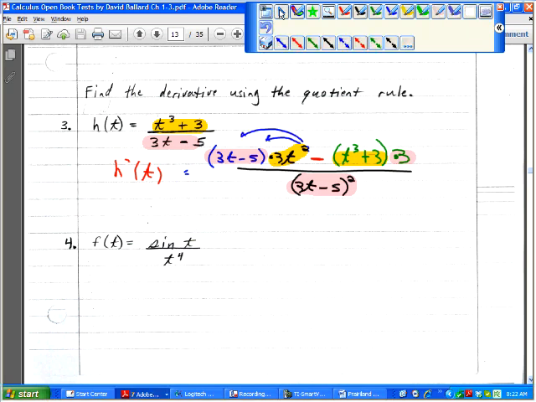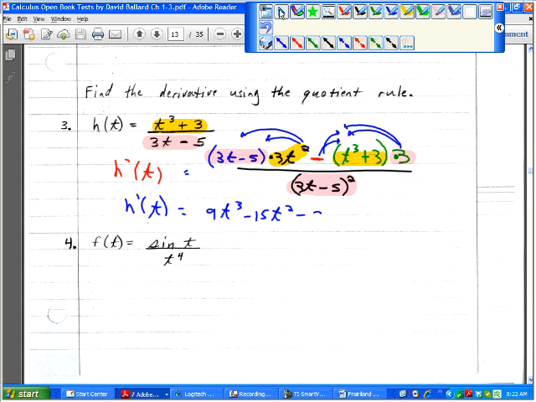We can distribute here, and we can distribute here in the numerator. And so we'll have h prime of t is equal to 9t to the third minus 15t squared plus 3 minus, we're going to distribute the negative from this side and distribute 3 from that side, just like we're distributing a negative 3.